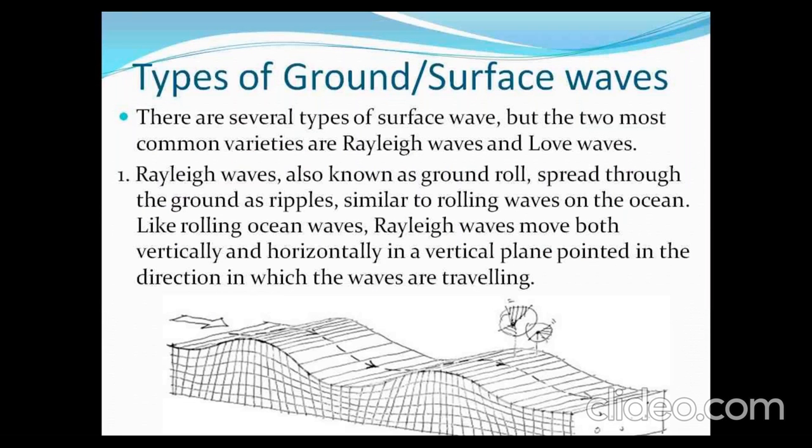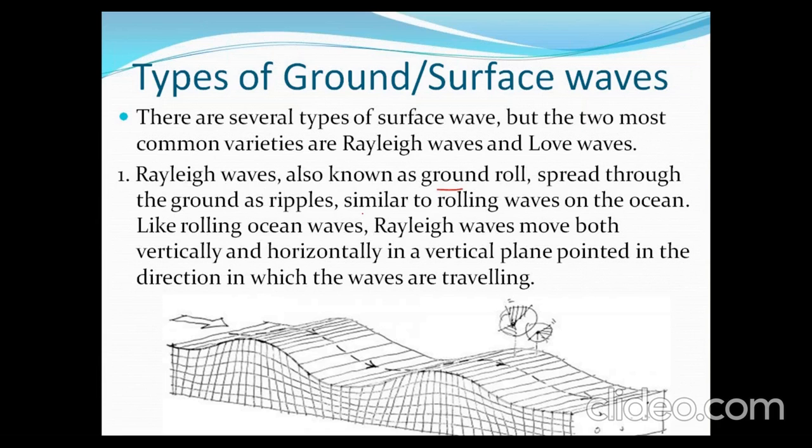Okay, so what are the types of ground waves? They asked you the types of ground waves, right? There are two types of ground waves, generally Rayleigh waves and Love waves. So what are Rayleigh waves? They are also called ground roll, which spreads like a ripple, which we see in oceans generally.